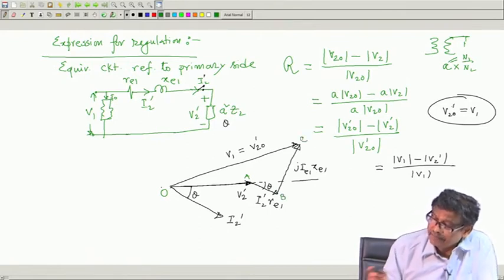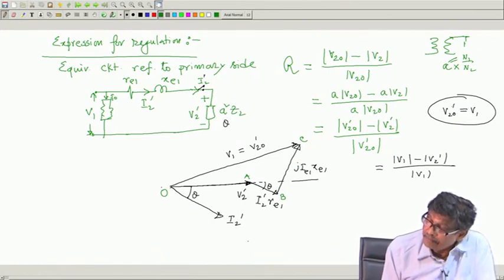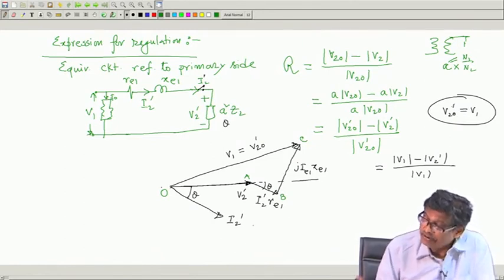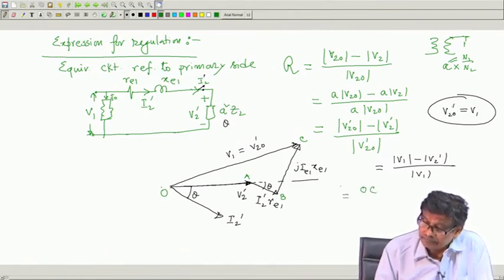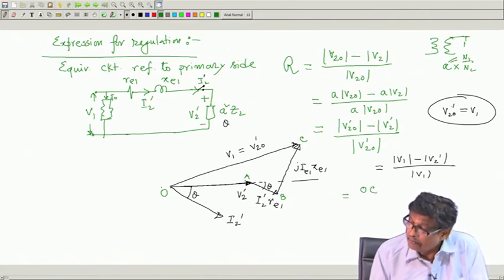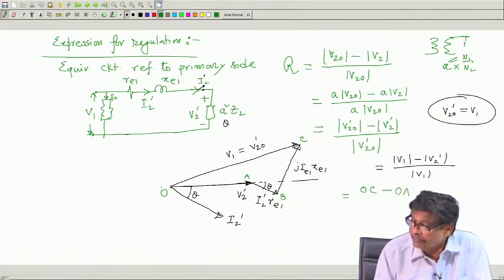See, it is like this. Okay. Then magnitude of V1 means length OC, this length minus V2 dashed, OA, divided by OC.